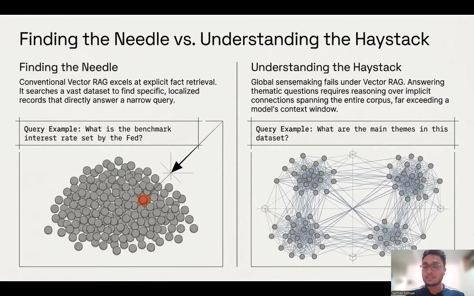Now, let's actually delve a little deeper and try and understand what really happens when we implement a retrieval augmented generation. So consider a PDF document.